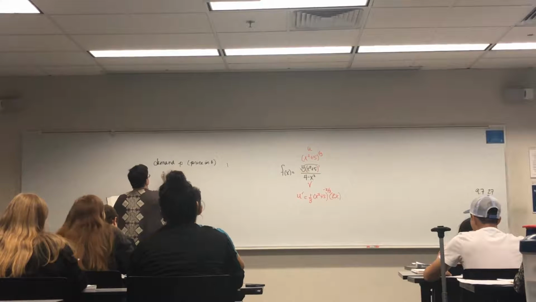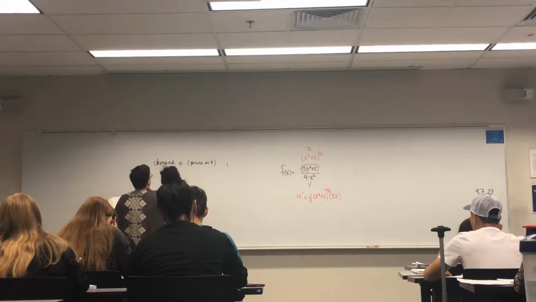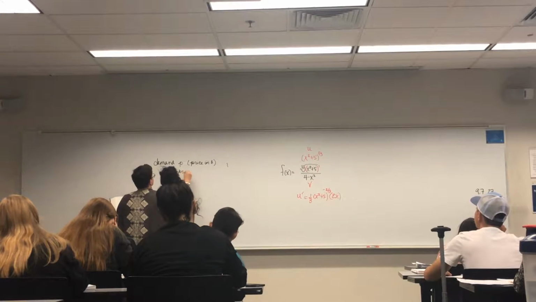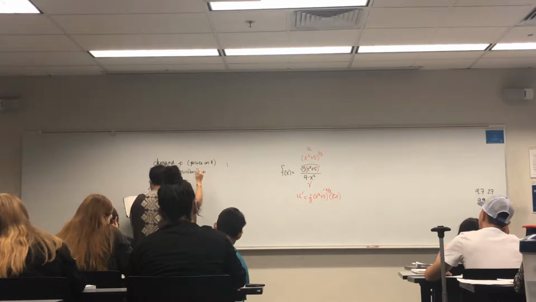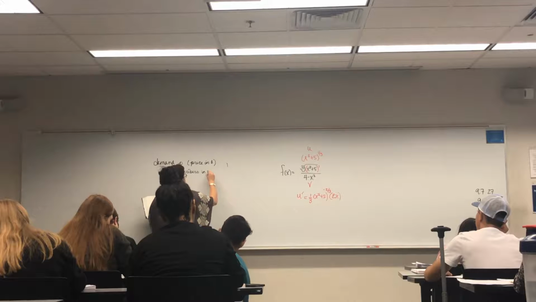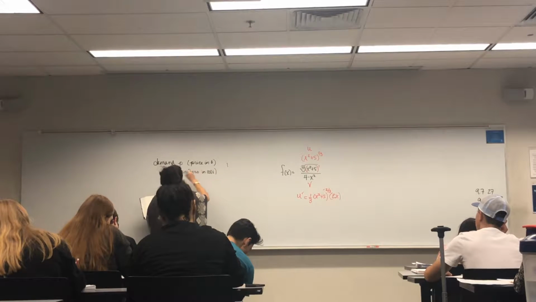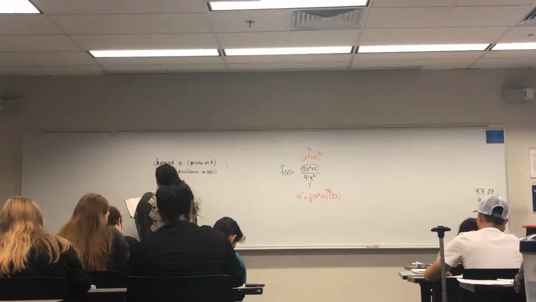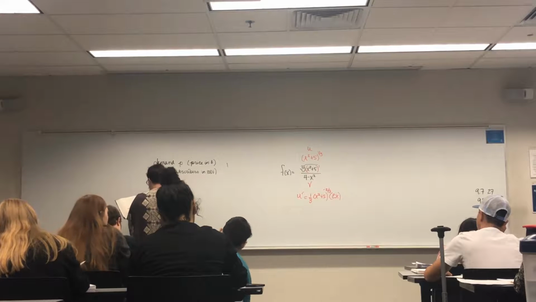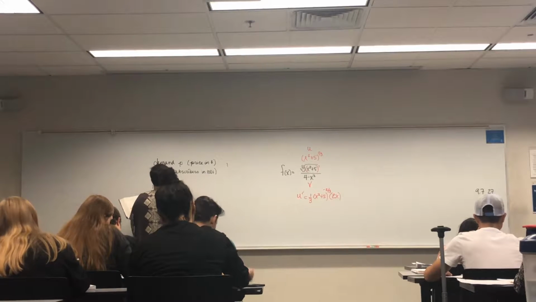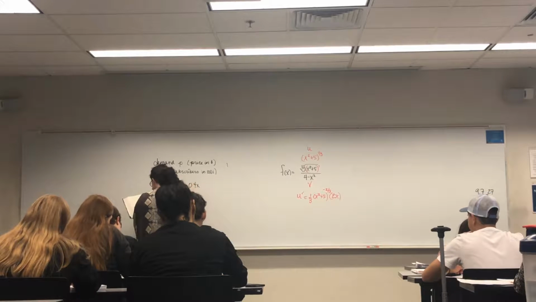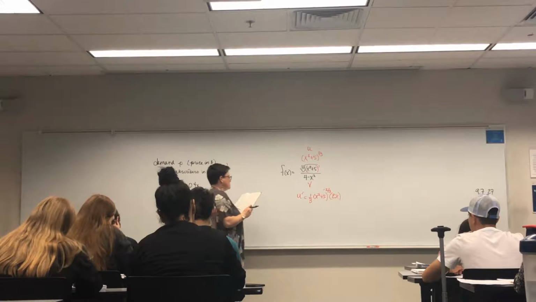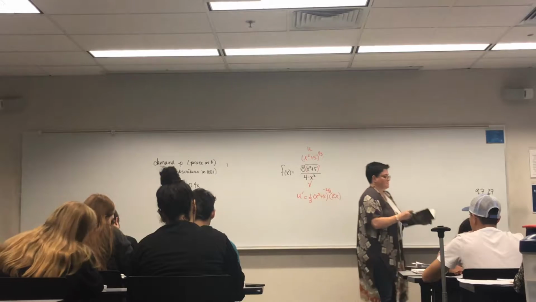And X is subscribers, in hundreds. Okay. We have a function P equals 80 minus 0.4x. Okay, find the total revenue as a function of the number of subscribers.